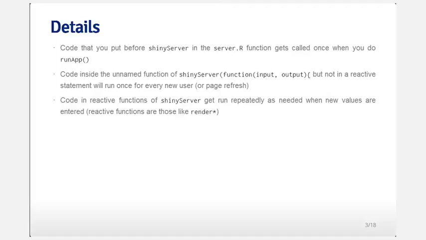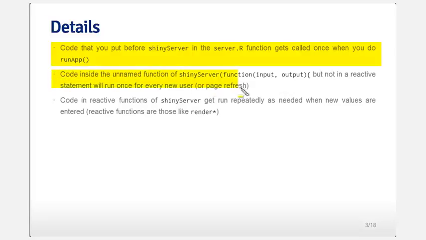So let's first start talking about what server.R is doing. If you put some code before the shinyServer function in the server.R file, that just gets called once when you do runApp.